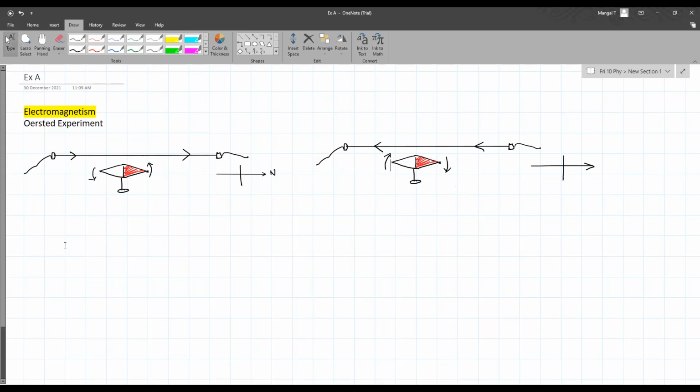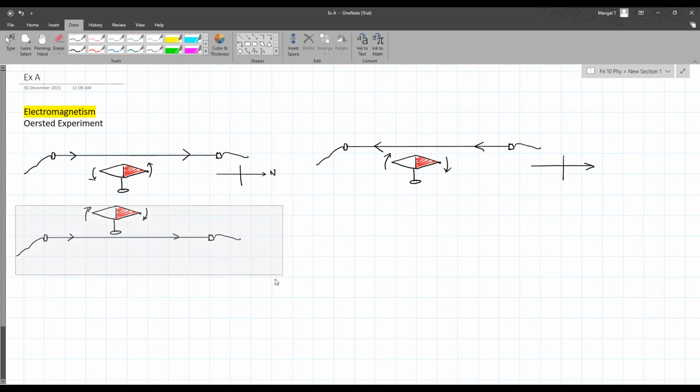Okay. If you repeat this experiment right in the way it is, with the current moving to the right side, but if you take the compass needle and place it on top, you will see that the deflection is happening in the opposite direction.